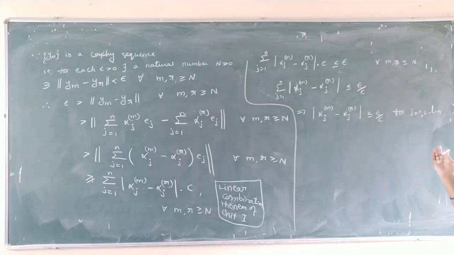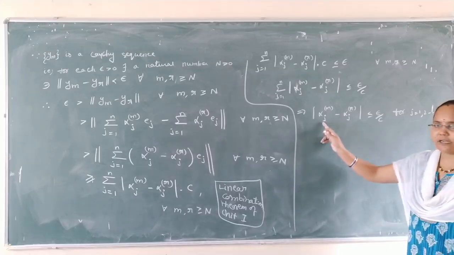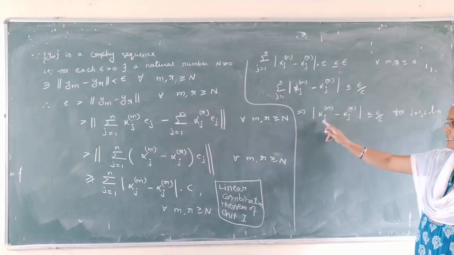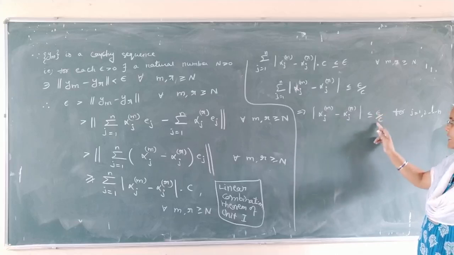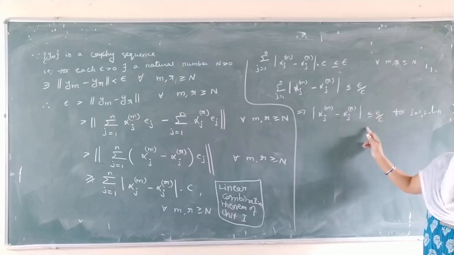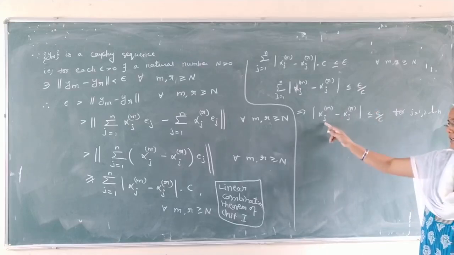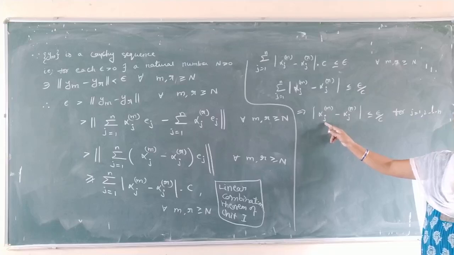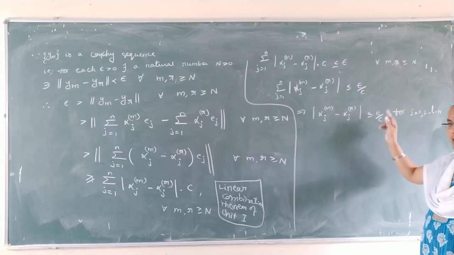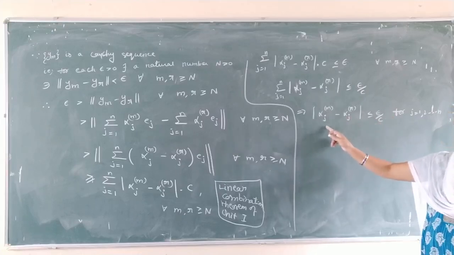Now if you observe, the distance of two scalars is less than or equal to a certain constant, and these are the sequences. So when two sequences' values differ by less than a certain constant, then it is called a Cauchy sequence.